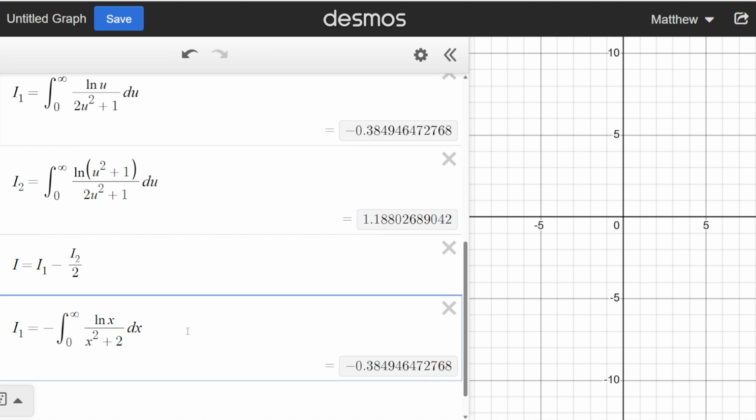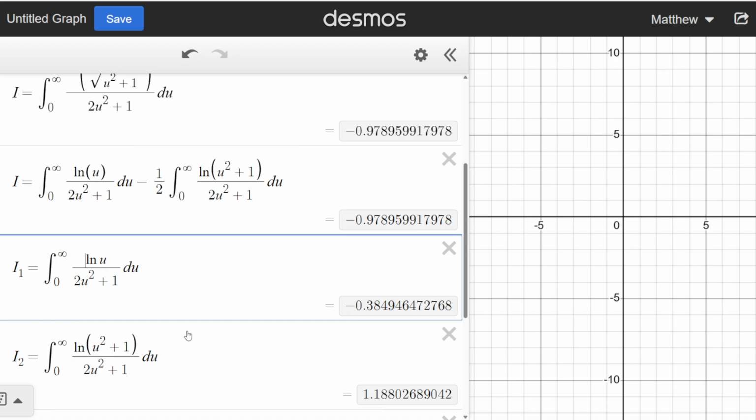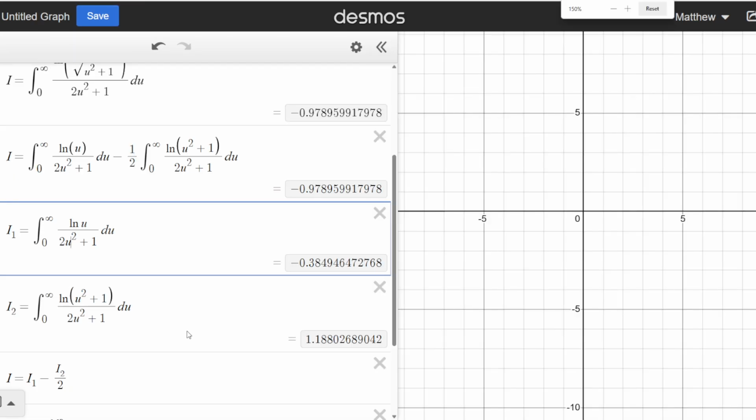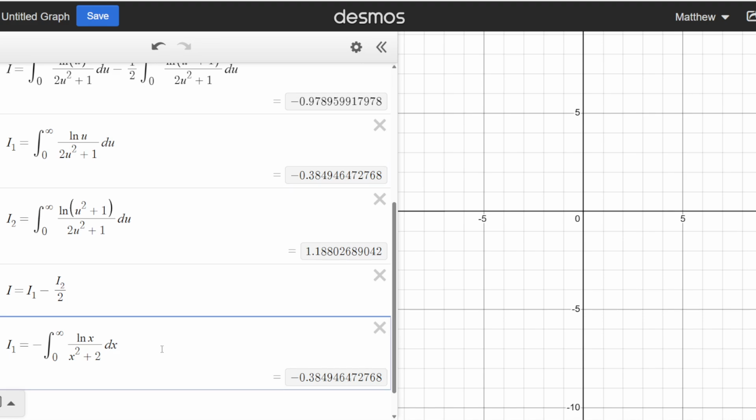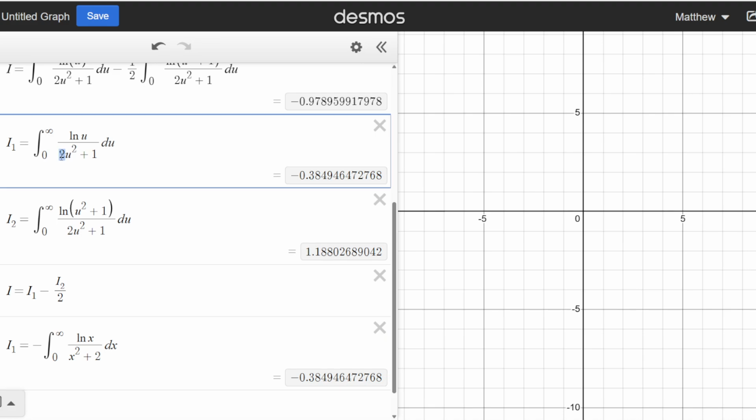Okay, so let's see. We have a 2u squared here. Let me zoom out a little bit. Maybe you can see more of the problem going on now. So you see right here we have a 2 in front of our u squared, but right here we don't. And also this is a 2 and this is a 1.